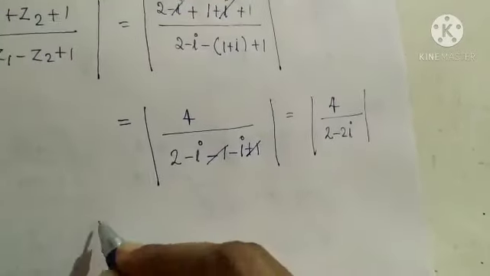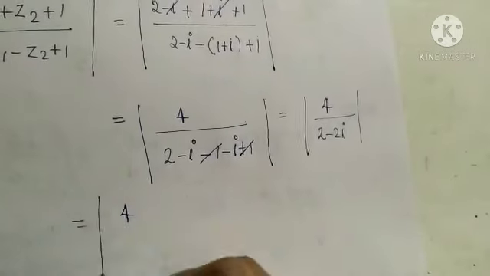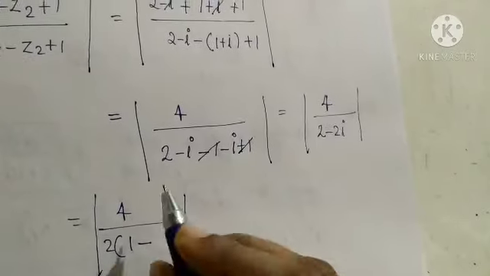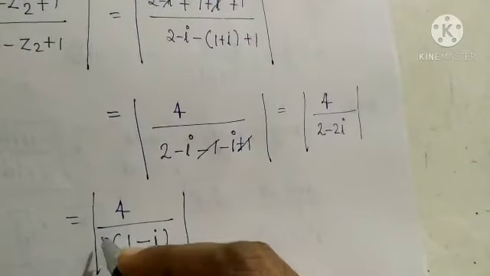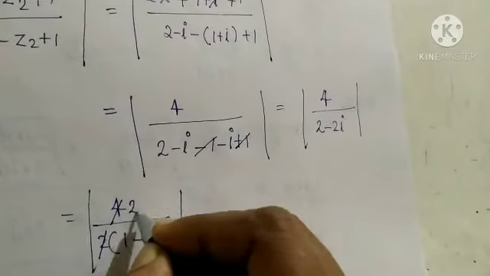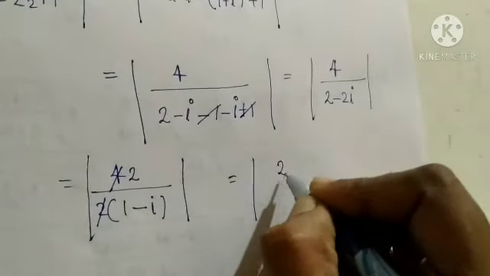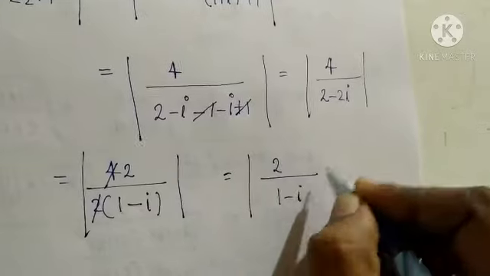Okay, so in the denominator part 2 is common, so taking 2 outside, it will become 2 into (1 minus i), and cancelling this 2 and 4, the numerator changes to 2. So this will be equal to 2 divided by (1 minus i).